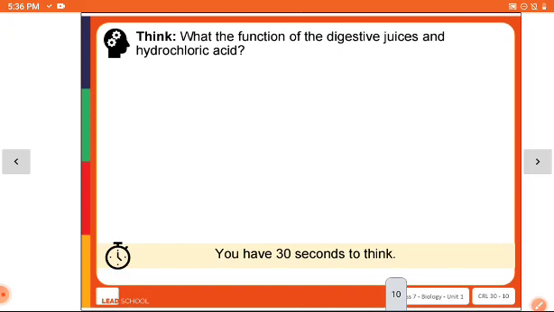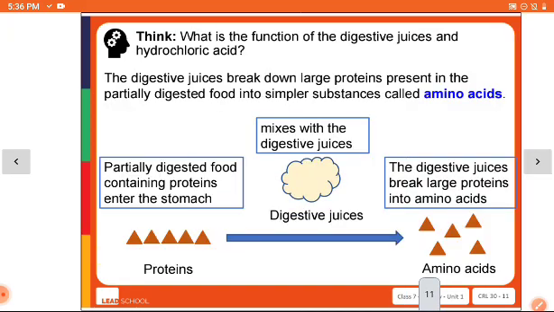So what is the function of digestive juice and hydrochloric acid? The main function: digestive juice breaks down large proteins present in partially digested food into simpler substances called amino acids.